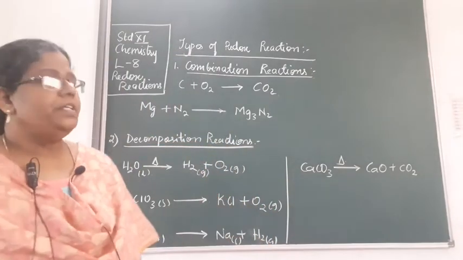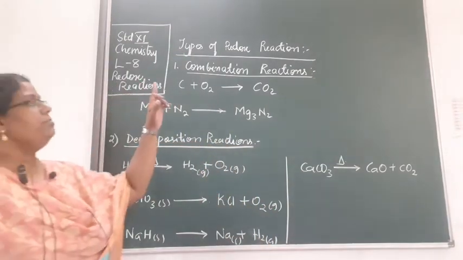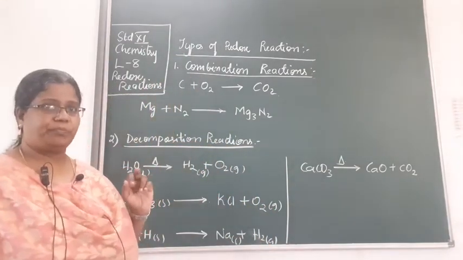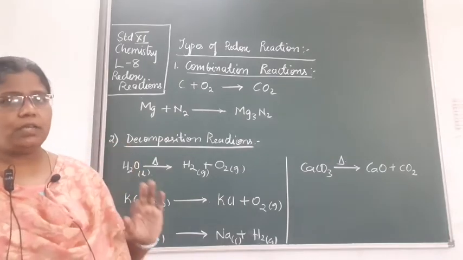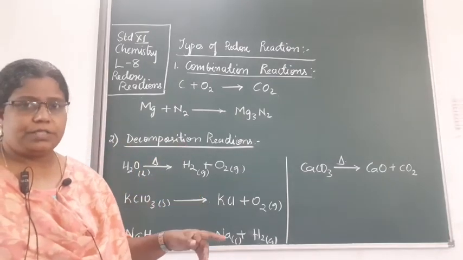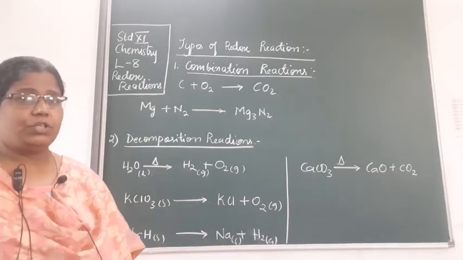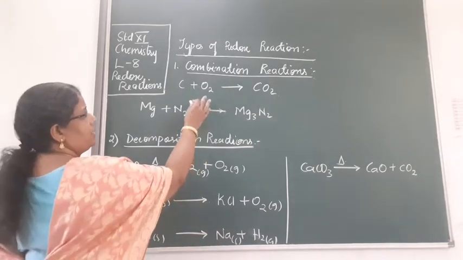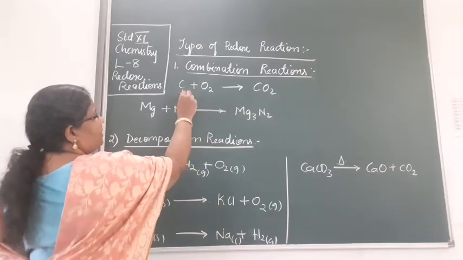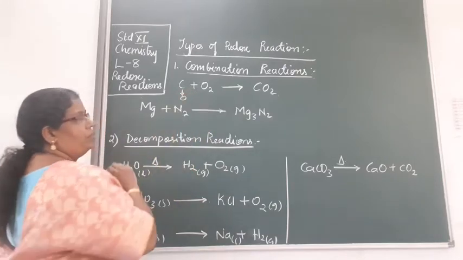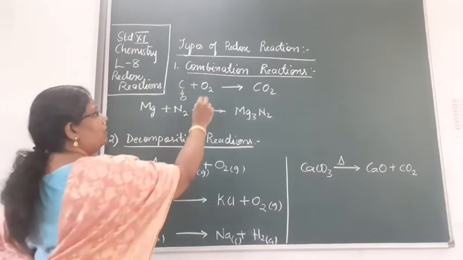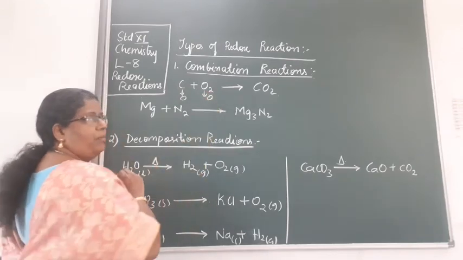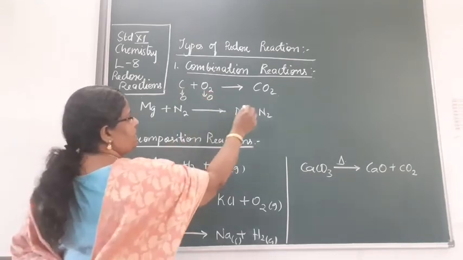Now let us discuss types of redox reaction. Now redox reaction ऐसा होता है जहाँ पे you will find oxidation also occurring and reduction also occurring. So let us take these examples and see whether this is a redox reaction or not. So here C is in the elemental form, मतलब उसका oxidation state 0 होगा. O2 is also in the elemental form, it will have oxidation state 0.